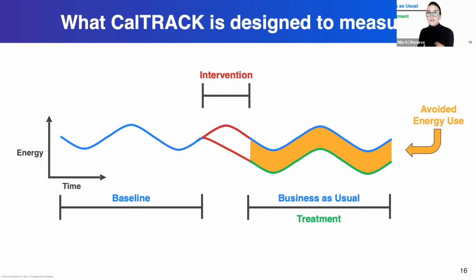And then we can compare that to your actual observed usage and understand the impact, the difference. What changed because of the program, the intervention, or the heat pump that was installed or that you participated in.